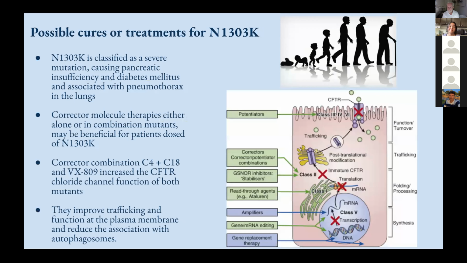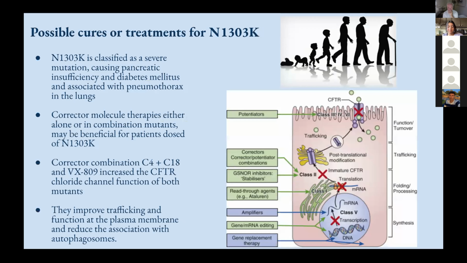Yeah. So there are cures and there are treatments for this mutation for the patients. There could be some correctors, such as a combination or a lone corrector, which boosts the mutant and is beneficial, such as, where's the corrector at?